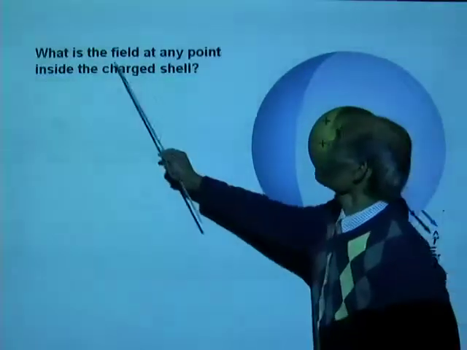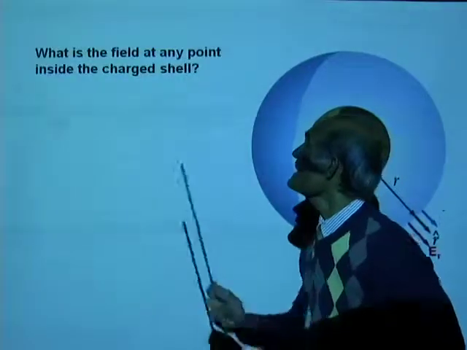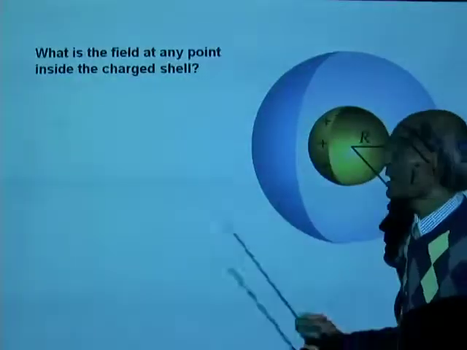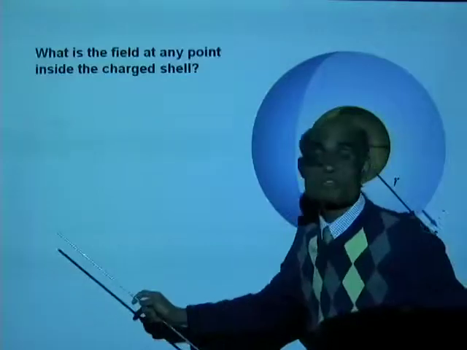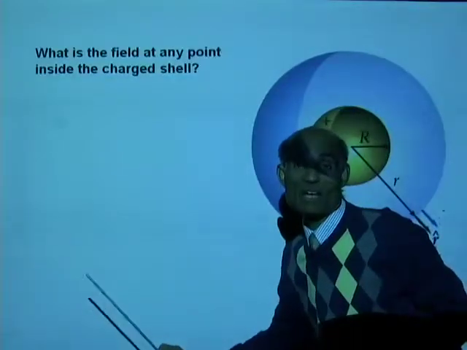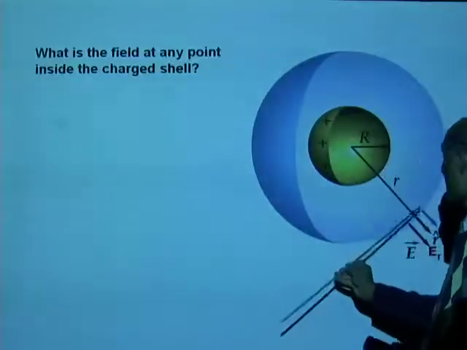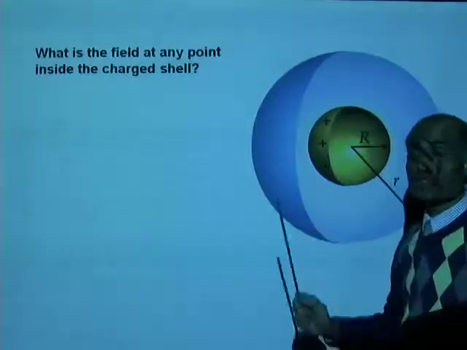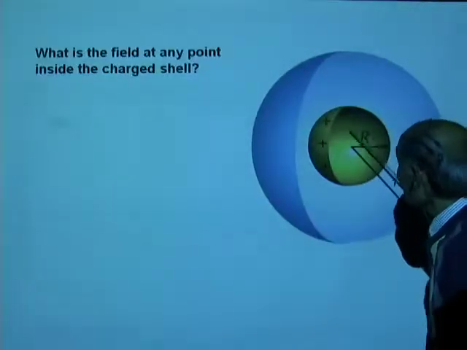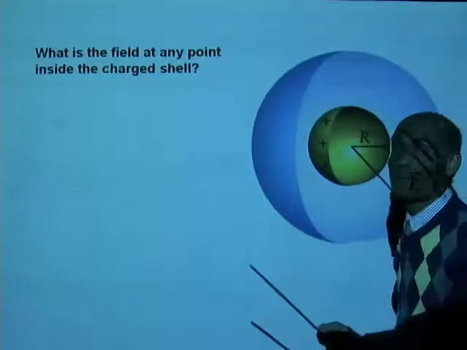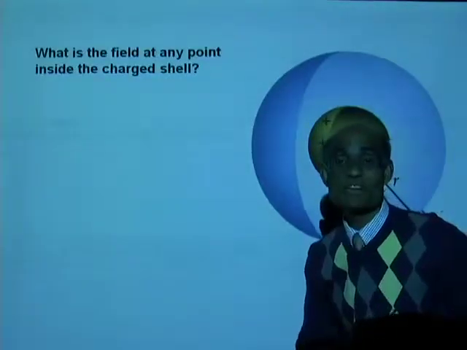Alright. What is the field at any point inside the charged shell? Now, the equation we derived in the last slide was the electric field at any point outside the charged shell. If you now go inside the charged shell, how do you find the electric field inside?